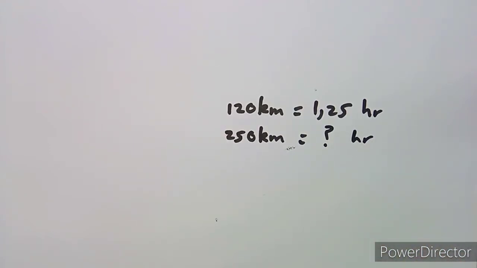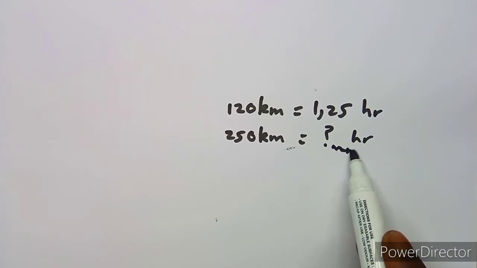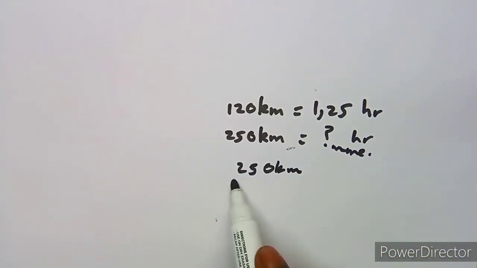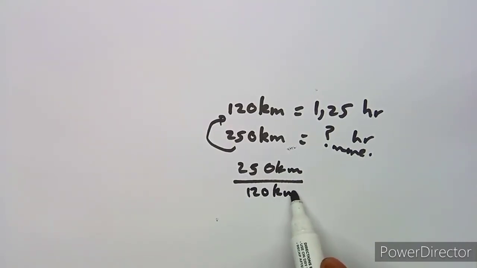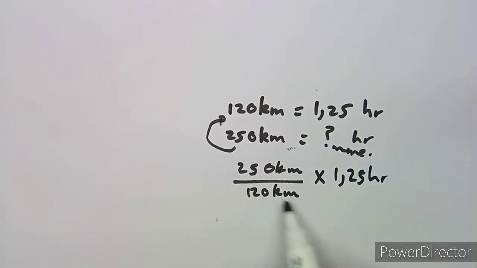So you can use simple proportion, guys. Where you are telling yourself that if this is 250, what is going to be the value here, which is more? So it's going to be 250 kilometers over 120 kilometers times the time in hours, which is 1,25 hours.